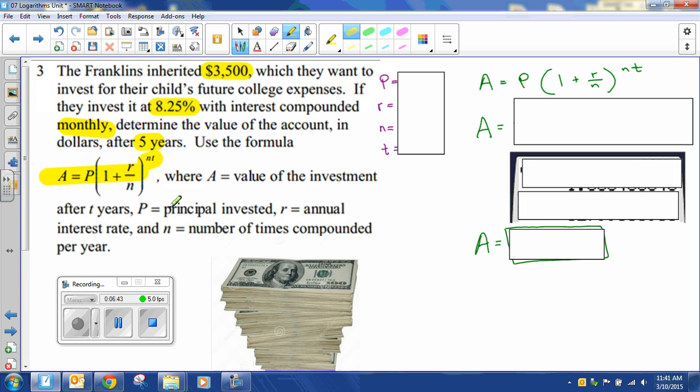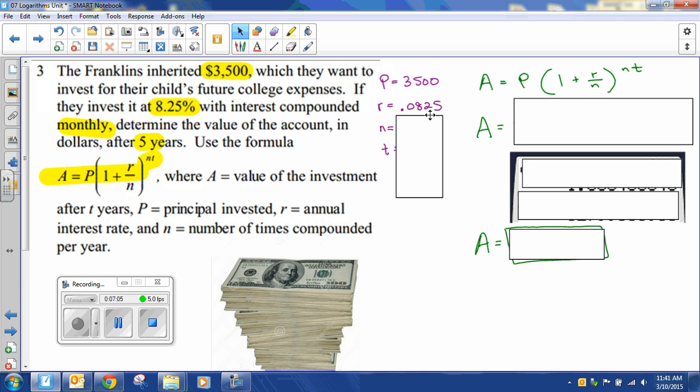Using this formula, where A equals the value of the investment after T years, P is the principal invested, R is the annual interest rate, and N is the number of times compounded per year. We have a lot of input values. P equals 3,500, R equals 0.0825 because you always must change a percent to a decimal, N equals 12, and T equals 5.